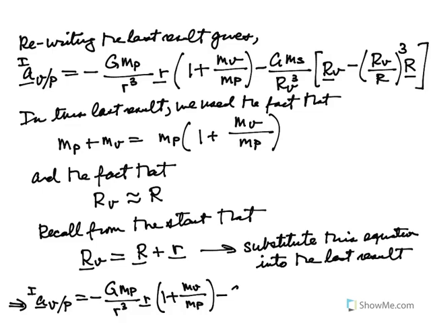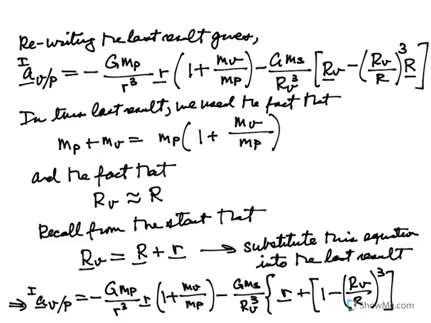And then we get minus G times the mass of the sun, all divided by r_v cubed, and then we get R plus, and then we get 1 minus r_v over R cubed times r.